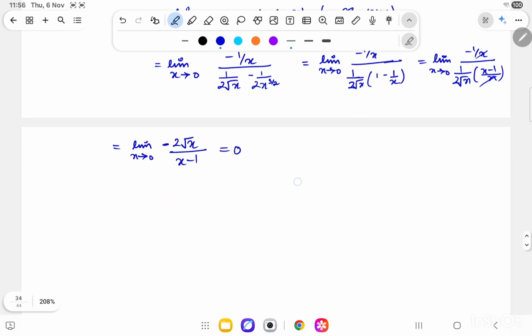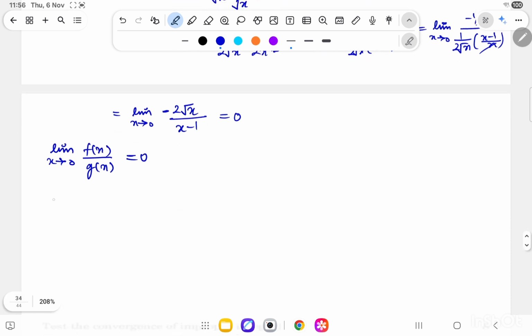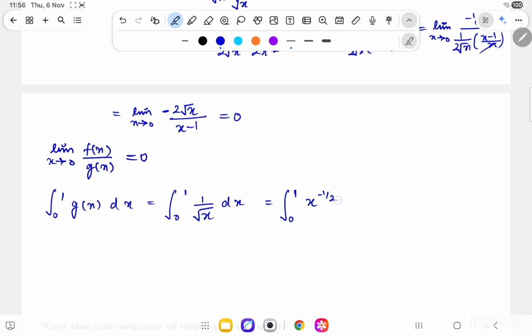So my limit x approaches 0 of f(x) by g(x) is equal to 0. And in the first question we have seen that whenever this limit is 0, then convergence of g implies convergence of f. Now let's see whether my g is convergent or not. So integral 0 to 1 of g(x) dx is equal to integral from 0 to 1 of 1 by square root of x dx, which equals integral from 0 to 1 of x raised to minus 1 by 2 dx.